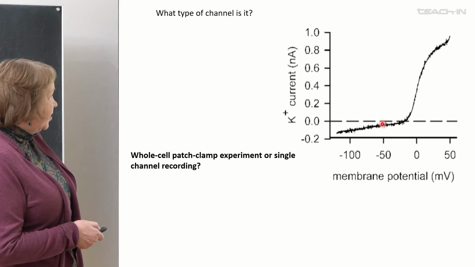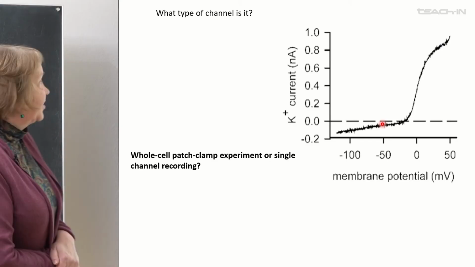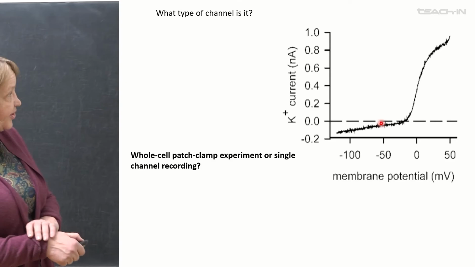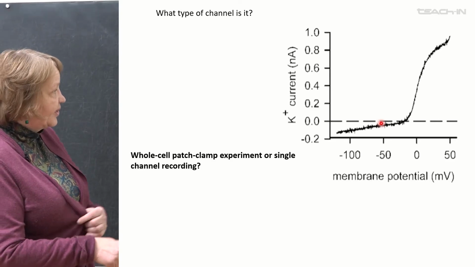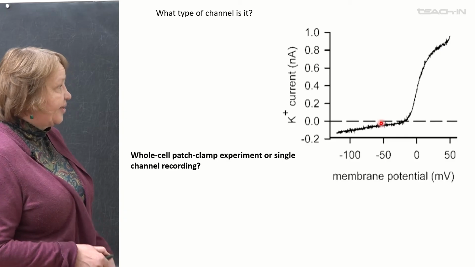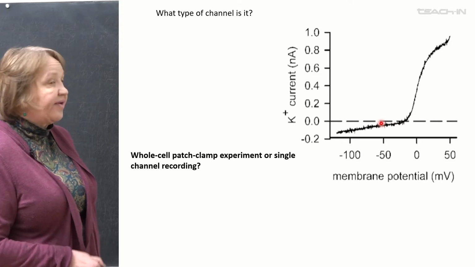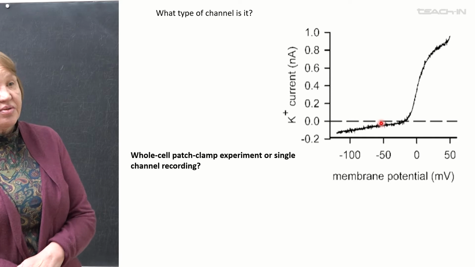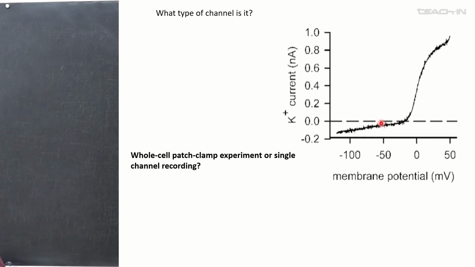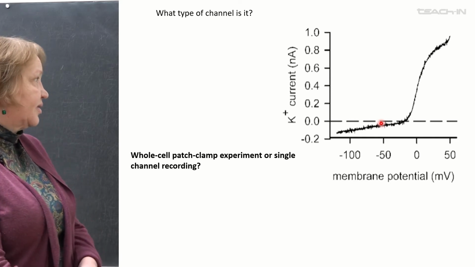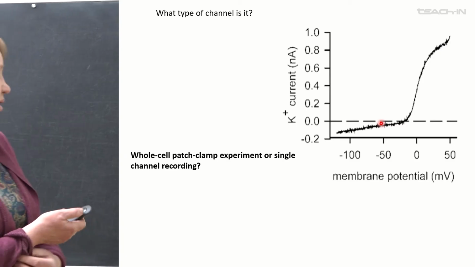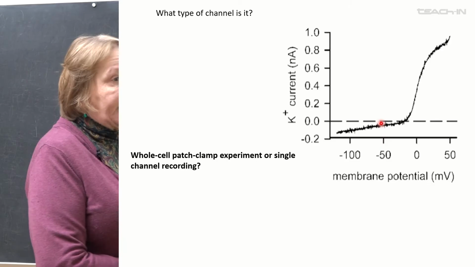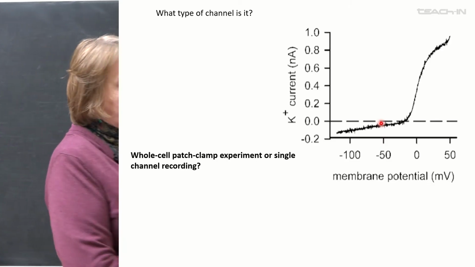Okay. So, Sasha, it's for you. What type of channel is that? And pay attention that it's a little bit different, but it is the same current-voltage relation. You just have current on the y-axis and potential on the x-axis. And again, whole cell patch clamp or single channel?